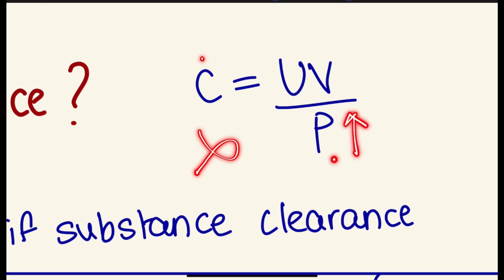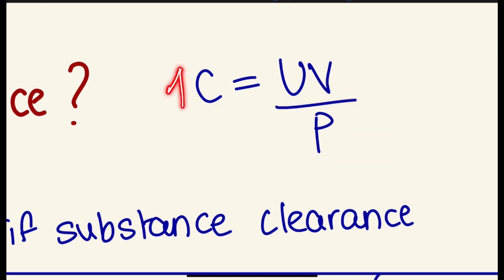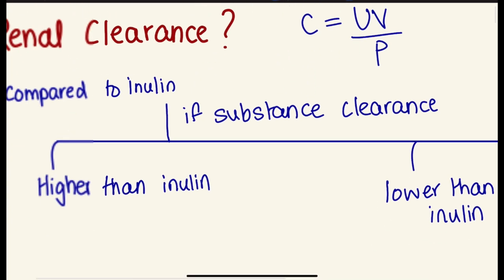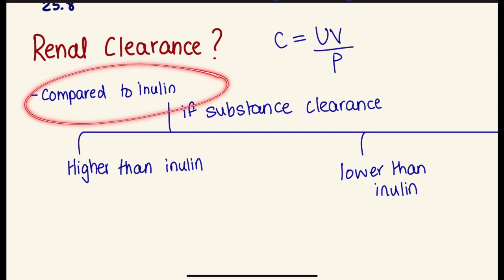So if this increases, this would decrease, and the opposite effect over here. So if this increases, this would increase. Okay, so try to understand the relationship, and it kind of makes sense, right? So if the flow rate would be high, the clearance would be high, correct?